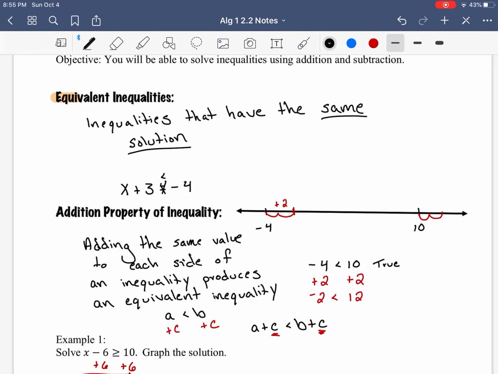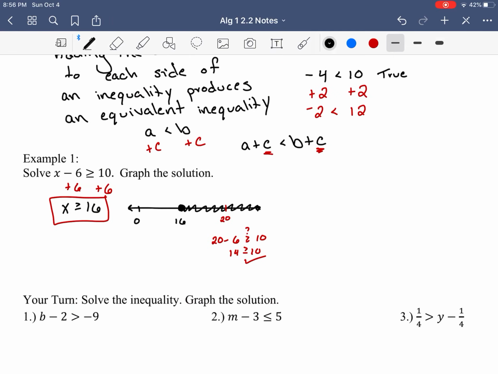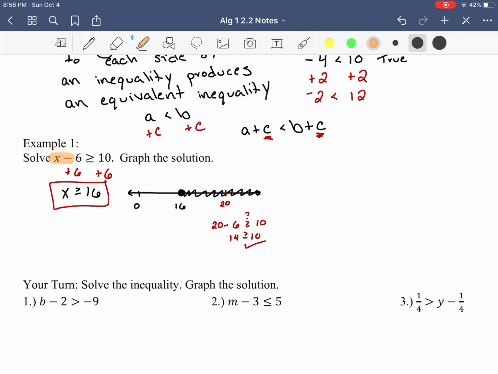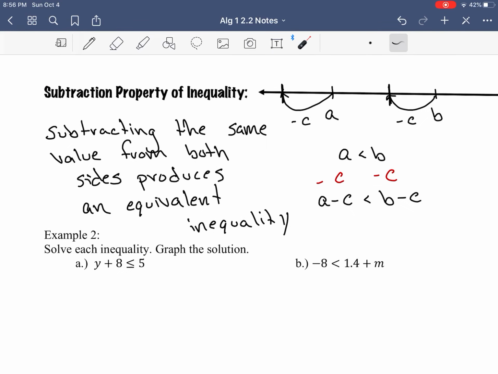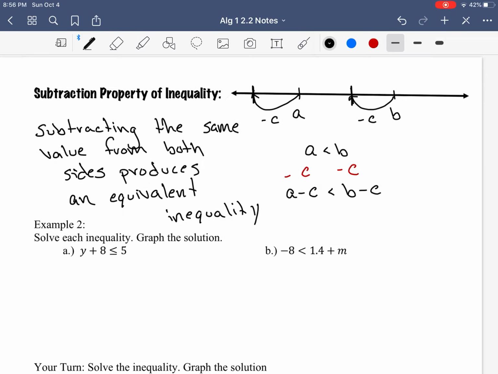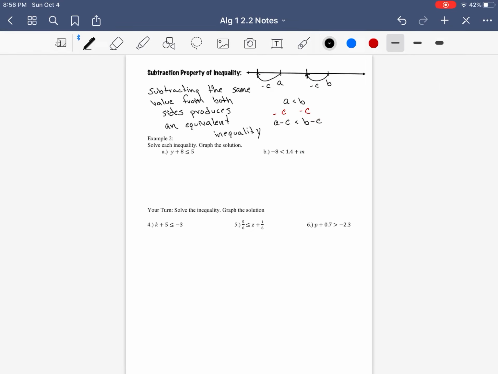We did produce an equivalent inequality. So this and this are what we call equivalent inequalities because they have the same solution set. These numbers up here work for this one, but these numbers also work for this one. So they are equivalent.